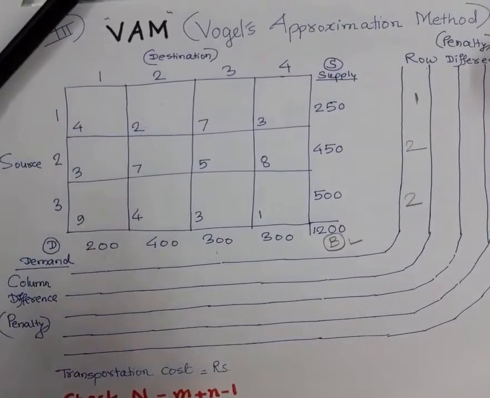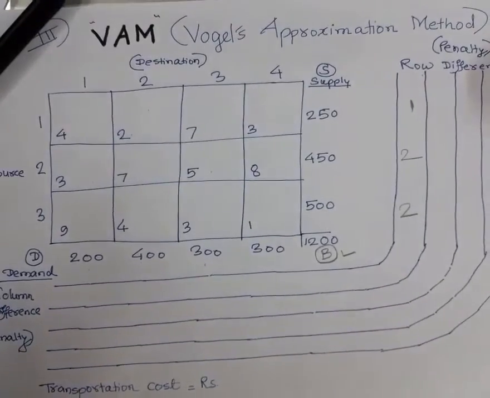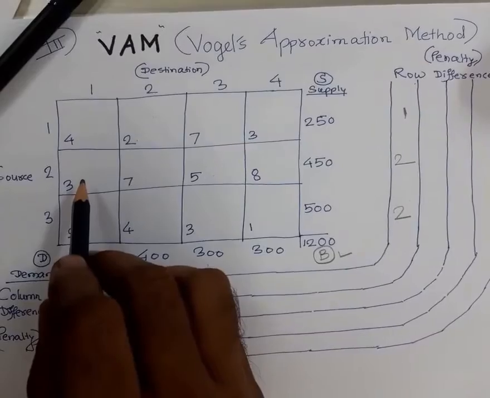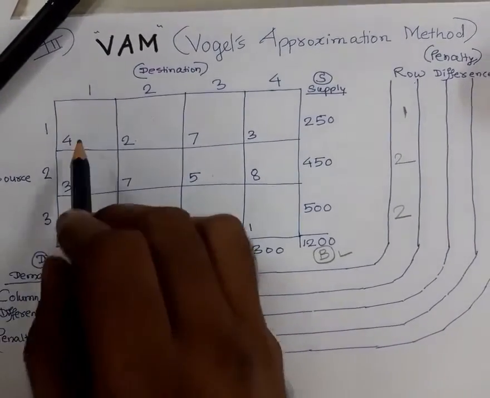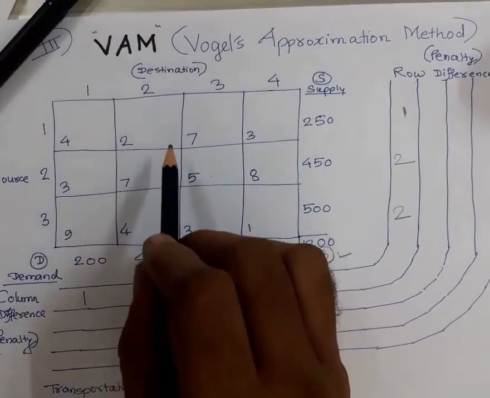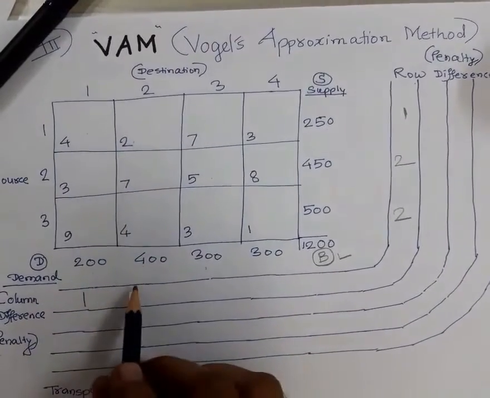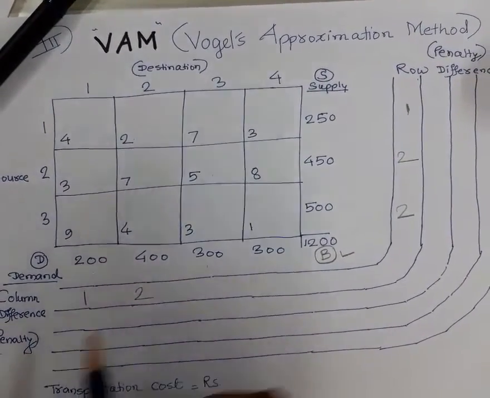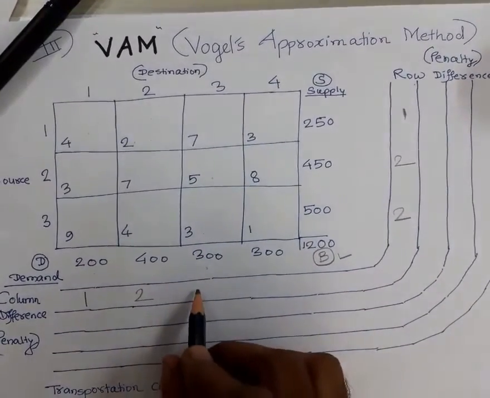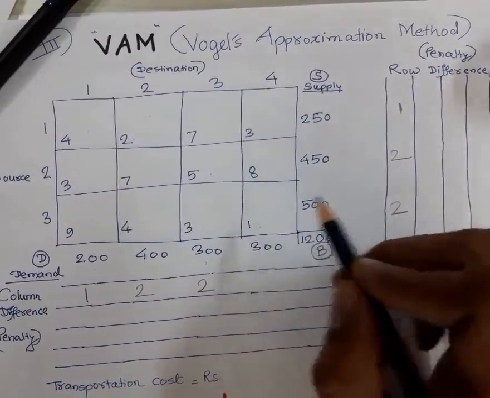Now for the column difference or column penalty, see the smallest number in column 1, it is 3. Next number is 4, so 4 minus 3, it is 1. Second column, smallest is 2. Next is 4. 4 minus 2, 2. Third column, smallest number is 3. Next number is 5, minus 3, 2. Fourth column, smallest is 1.